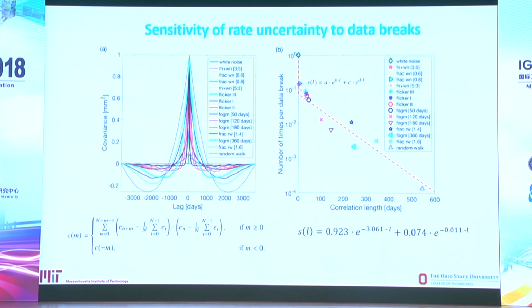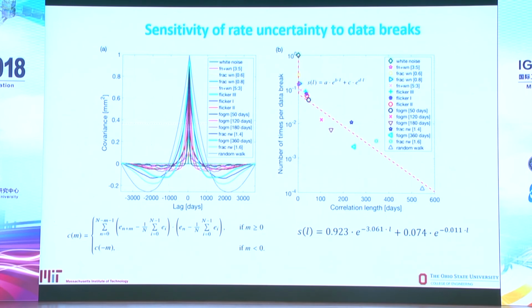For example, as the correlation length increases from 0 to a couple of days, the sensitivity decreases very rapidly. As the correlation length gets even longer, the decrease gets slower, but it still follows exponential decay. Therefore, we choose a double-phase exponential function to fit this data, shown as this red dashed line.